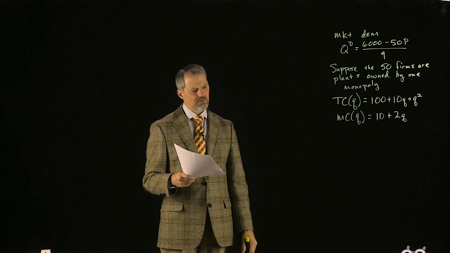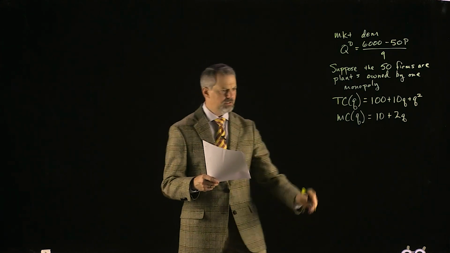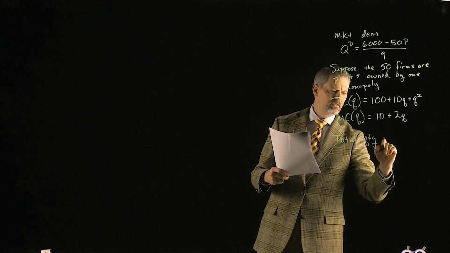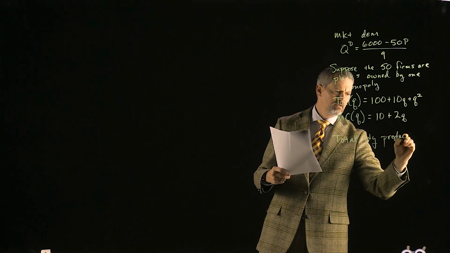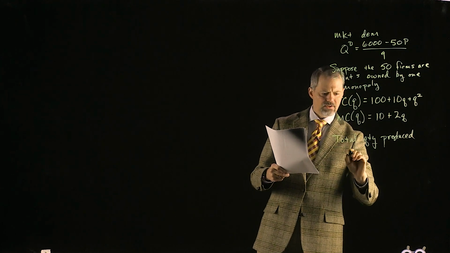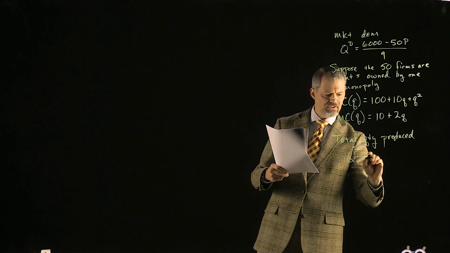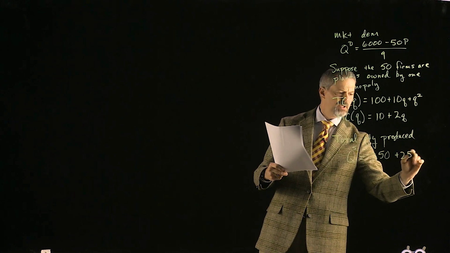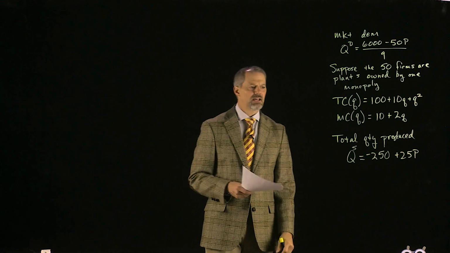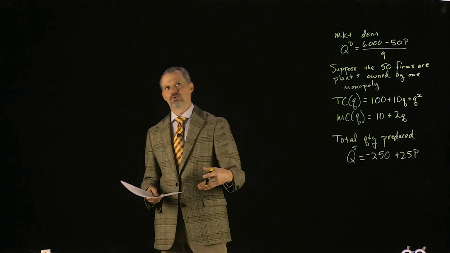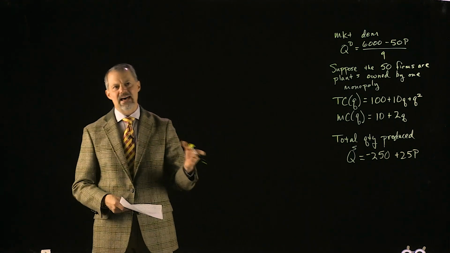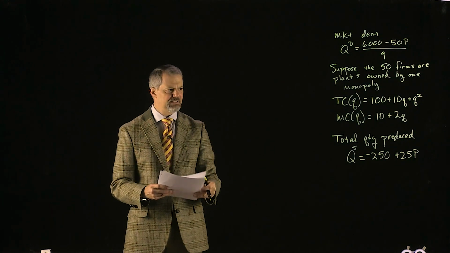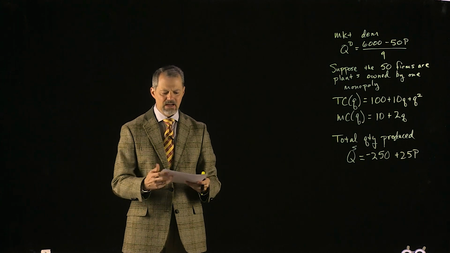What we saw was that the total quantity produced by all 50 was this: QS equals negative 250 plus 25P. We got that by looking at the individual supply for a firm and then adding that up across 50 firms, and then we ended up getting that as our firm supply curve.